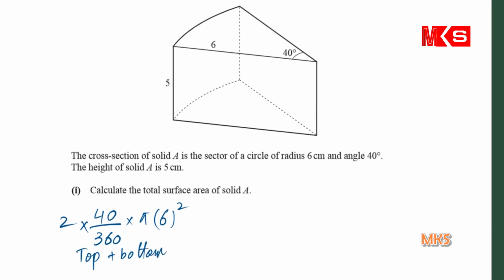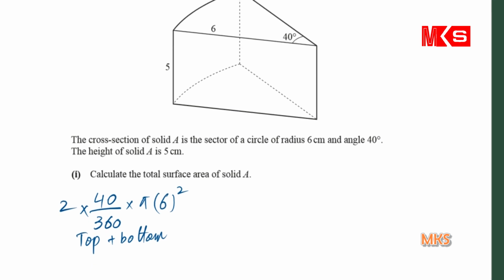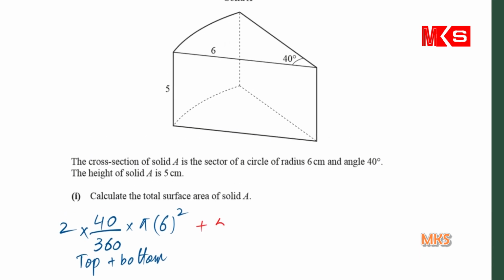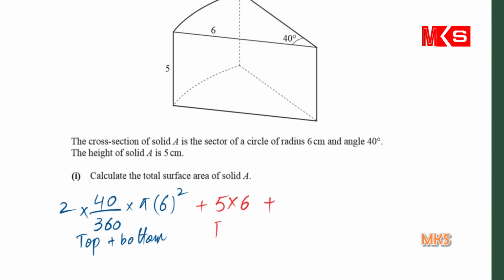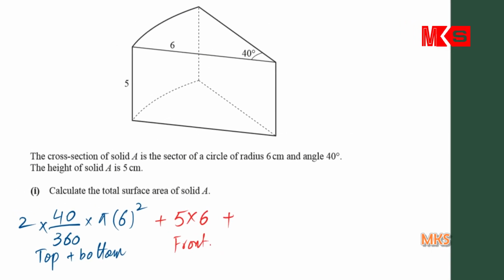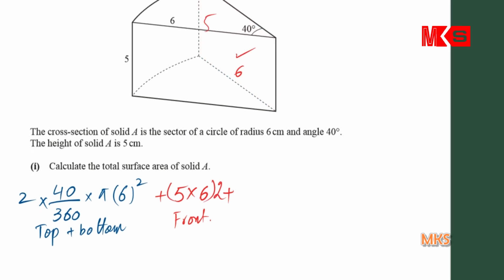And the front one, the rectangle, will be 5 times 6. That is the front one. At the right back, again we have a rectangle which has 6 and 5, so making it twice, front plus back right one.